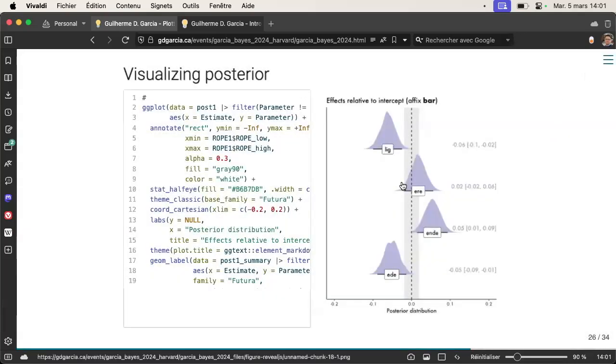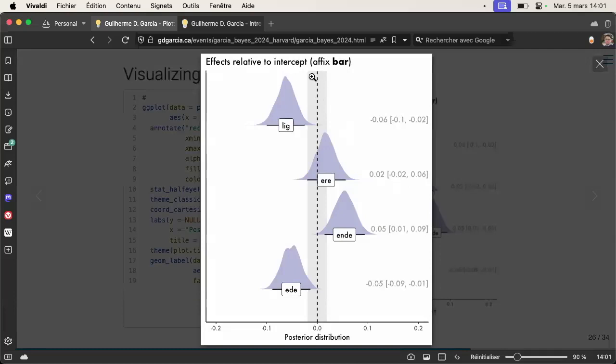So what was the other name that you used for the ROPE? The region of practical equivalence, yeah. I've never tested this with reviewers in linguistics. It exists in psychology, but I have my doubts that if you ended up with a distribution entirely in that region, and you said in the paper that because this thing exists, we can now say this is actually a null effect, people would say, oh yeah, that makes perfect sense.